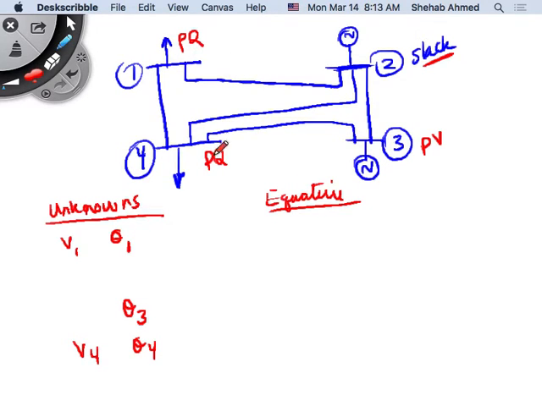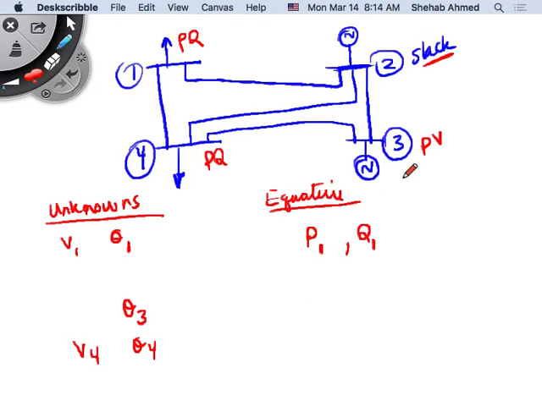So I can use the power flow equation for P at bus 1, and I can use Q at bus 1. How about at bus 2? I know everything, so I don't need equations there.